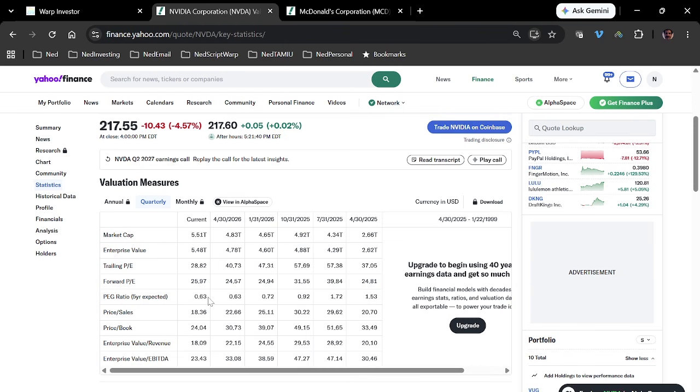So this would be the growth rate divided by the PE. If the PEG ratio were 1, then the expected growth rate would have been 28%. If it is lower than 1, that means that the growth rate is higher than this 28%. Since this is close to half, or 0.5, it's more like double this number. So we have a growth rate here that would be higher than 50%.